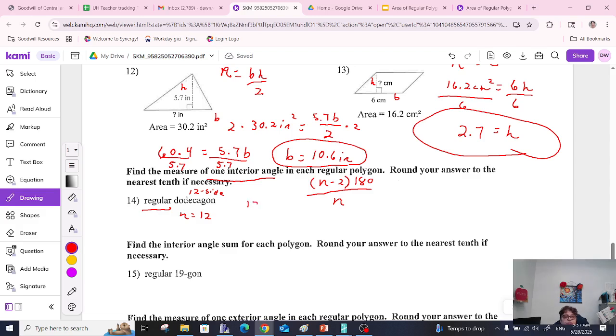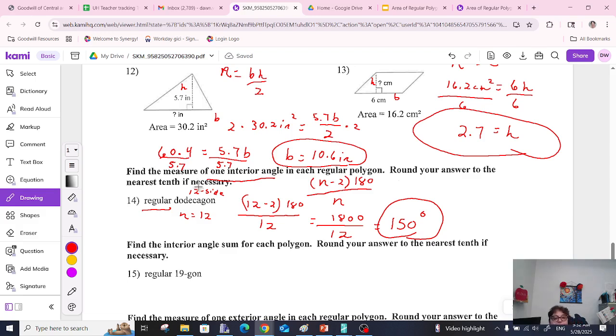So I substitute 12 minus 2 times 180 divided by 12, which gives me 10 times 180, which is 1800. So I divide by 12. What is it? 150 degrees. So each angle would be 150 degrees. Right?